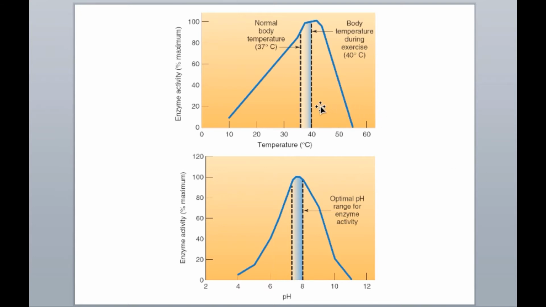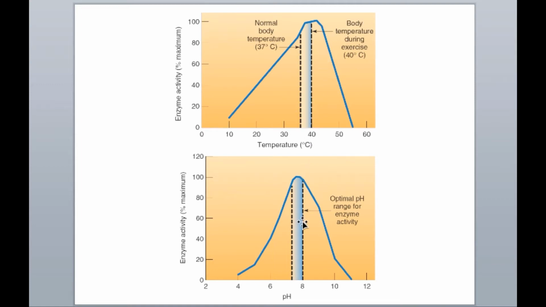From these two figures, you can see that temperature, and this is in degrees Celsius, there's kind of a Goldilocks portion, where it's not too cold, it's not too hot, it's just right for maximal enzyme activity. So we're looking at about 37 degrees Celsius to about 40 degrees Celsius. If your body gets colder than that, the enzyme activity starts to slow down. If it gets way above 40 degrees Celsius, it starts to rapidly slow down.